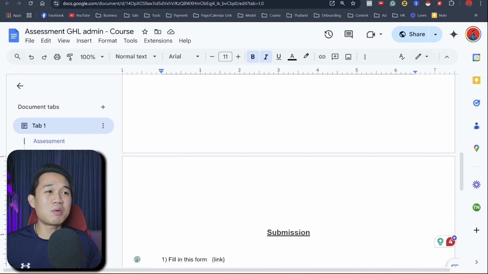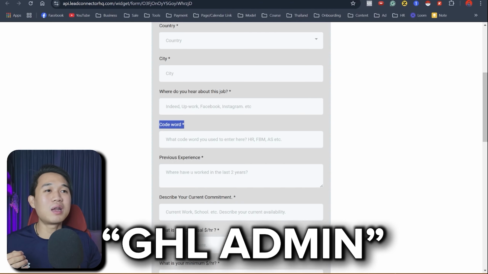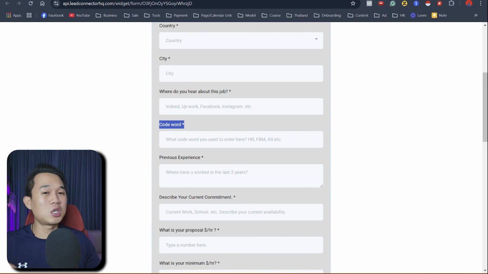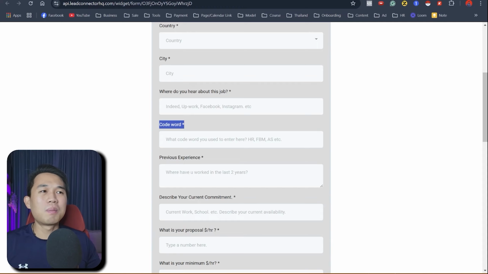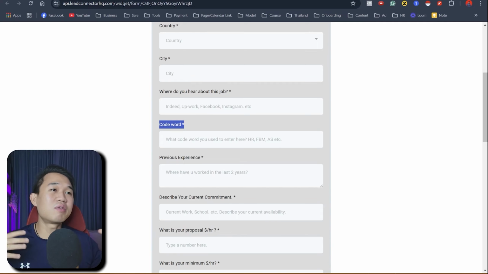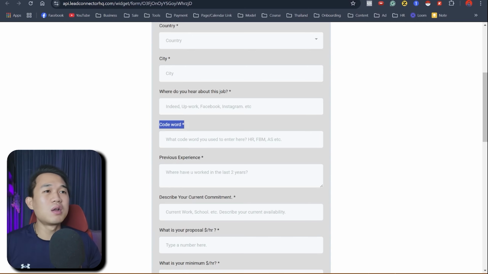For example, if someone fills this out, they would put the code word GHL admin. So we know that this person comes from the GHL post and is applying for the GHL position. Obviously, you can have any code word you want, but you can just use one form for all of the roles and have a different code word for each role. That's how I recognize which platform someone comes from and which role they're applying for.